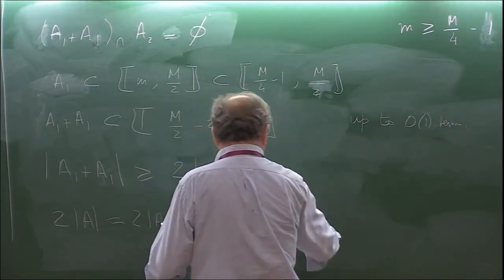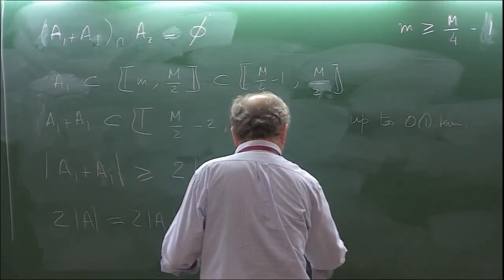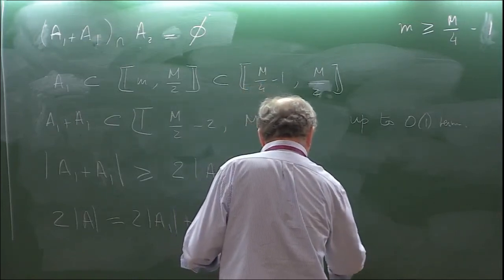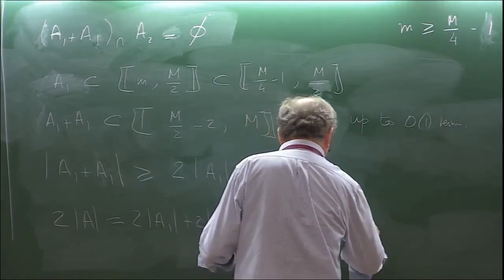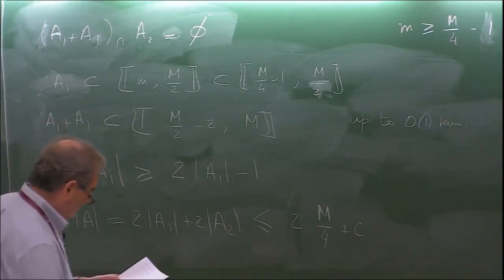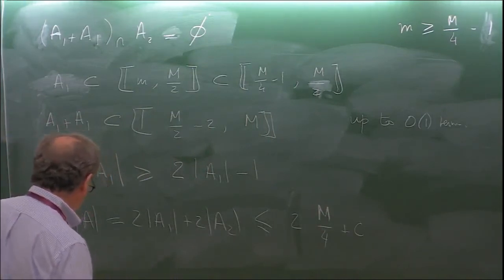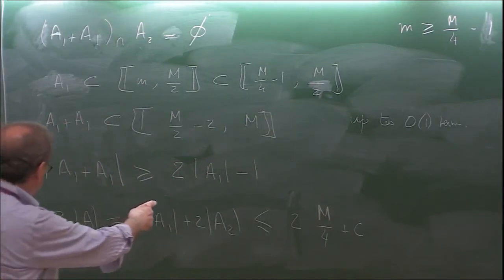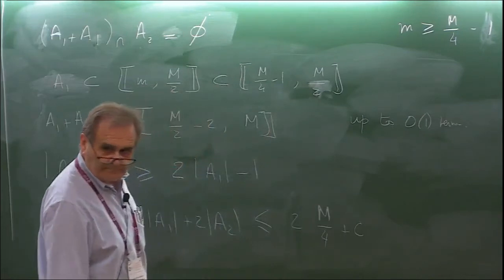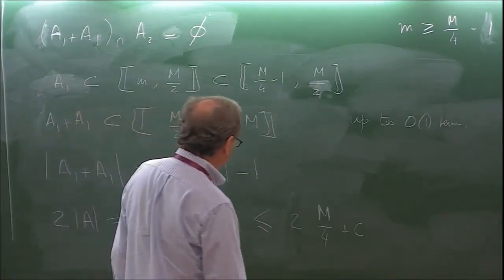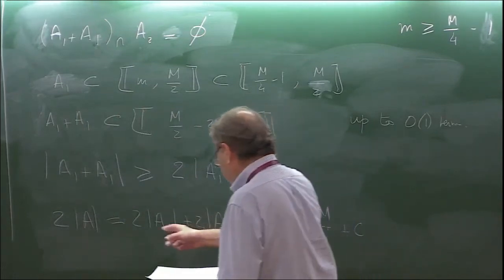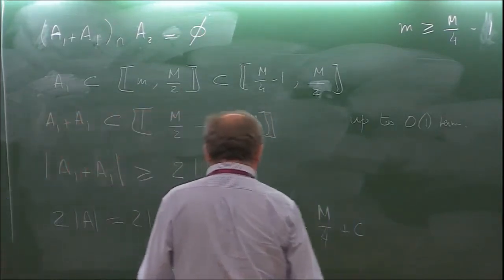A1 is from here, so it is 2 times something like M over 4. Let me stop with that, otherwise I'm really too lost now. 2A is 2A1 plus 2A2. So 2A1 is here, something like 2 times M over 4, and A2 is at most M plus M.